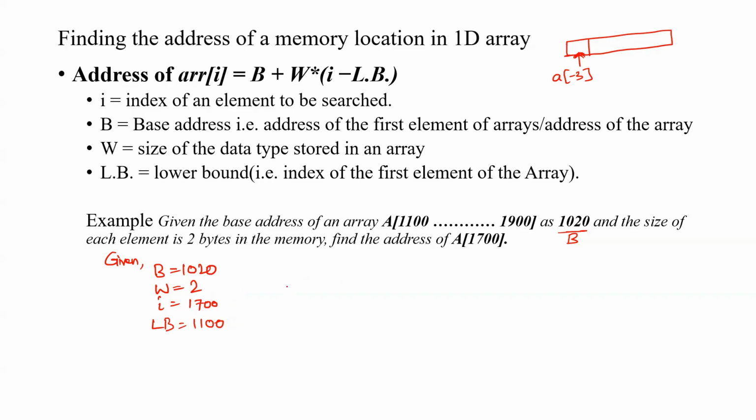Now we will just apply the formula. You can see the formula above, where B is 1020 plus W is 2 multiplied by I minus LB, that is 1700 minus LB. LB is your 1100. So let's solve this question.